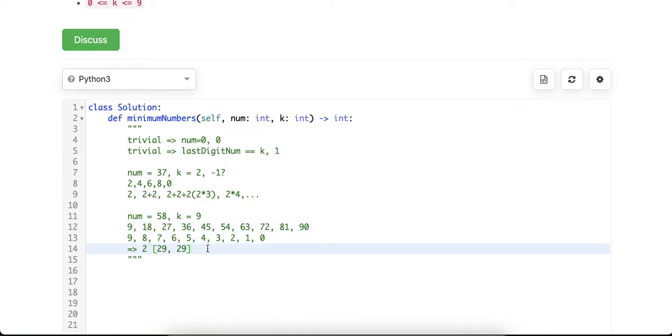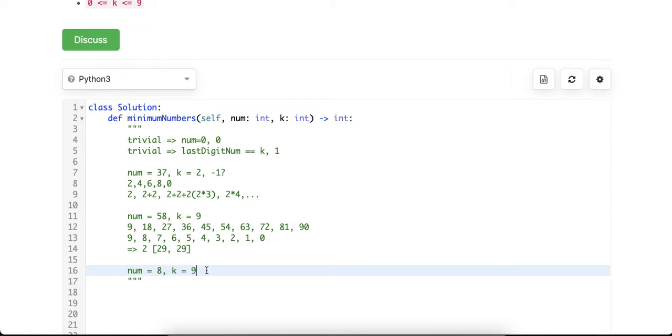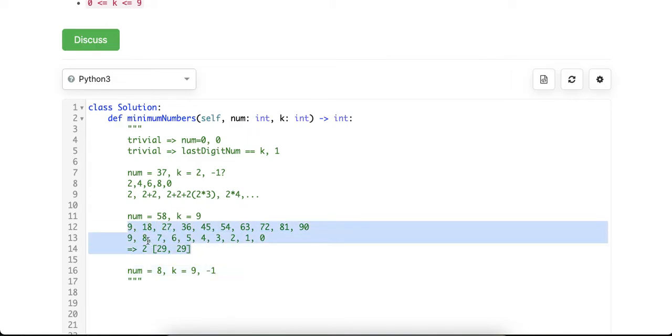Okay, so this is a happy, normal case. Let's see what we need to be careful about. How about 8? This should be answered as negative 1, right? But if we just use the logic we have now, we will find that the 8 here is possible.